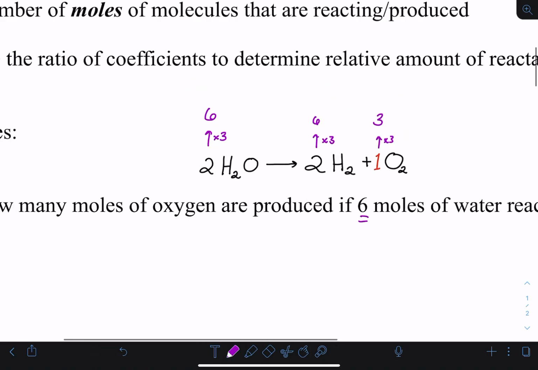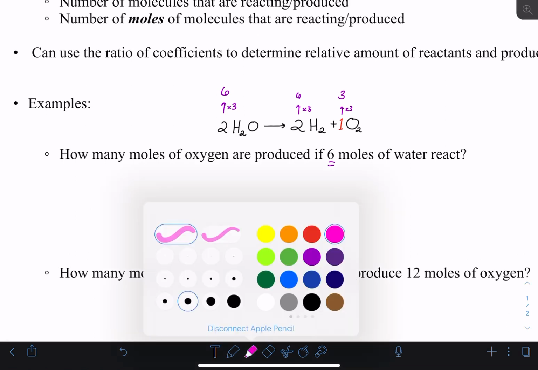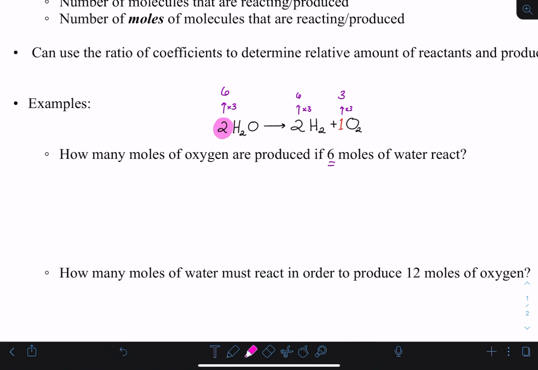You can also think about it more mathematically, which is how we're going to do most of our problems, by taking our coefficients from our balanced reaction and using them as a conversion factor. We're looking for how many moles of oxygen are produced if 6 moles of water react.